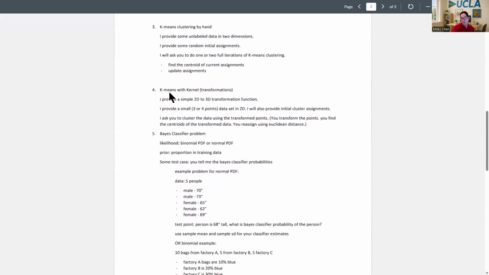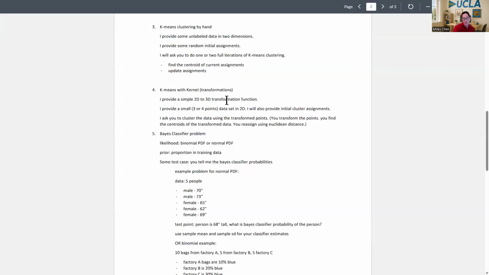I'll also have a problem where you will apply a transformation function. For this, I'm going to have you do k-means clustering with a kernel, but I will actually provide the transformation function. I know, as I covered the topic, I said you don't actually need to do the transformation, but for this problem, I'll have you actually apply the transformation.